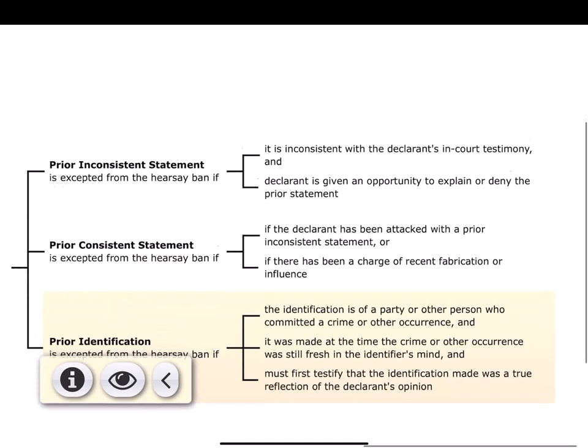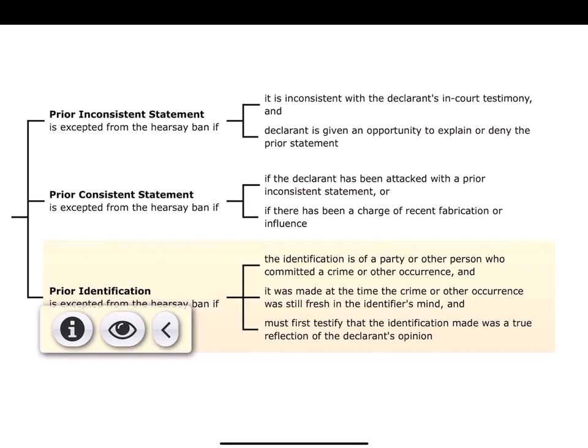So I know the photograph with Tessa's signature is also at issue. That's a prior identification. That's called 2B. So look at that one. The identification of a party or other person who committed a crime. It was made at the time the crime or other occurrence was still fresh in the identifier's mind, and she must first certify that the identification made was a true reflection of her opinion.